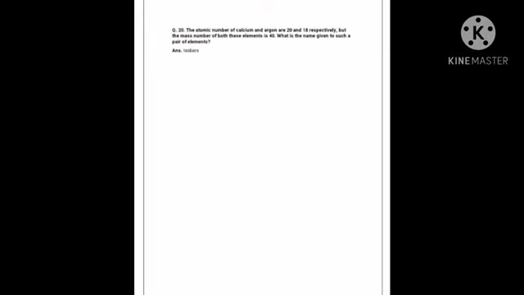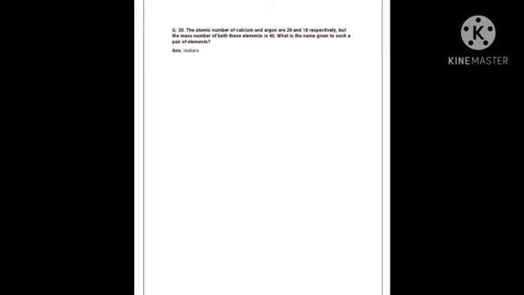We can calculate the number of electrons in these orbits by the formula of 2n square, right? So in this way we can calculate, and we will find that we can fill maximum 2 electrons in K shell, 8 electrons in L shell, and the remaining 2 electrons in M shell by using the formula of 2n square. Here n is the orbit number, and the value of n is 1 for K, 2 for L, 3 for M.